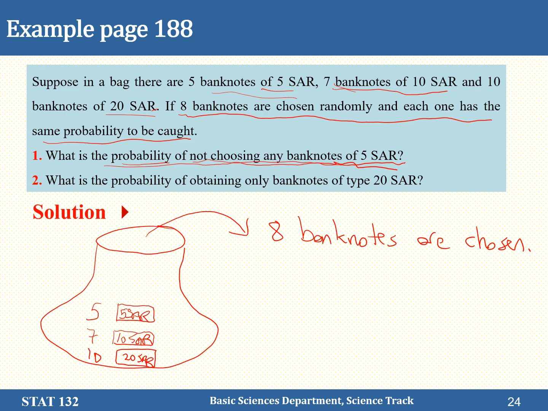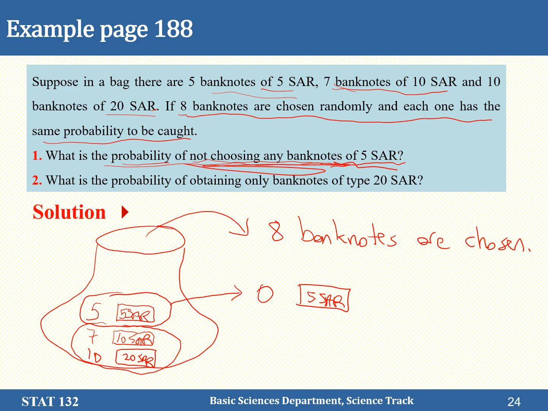So we can think of this question this way. Assume we have 5 reals and not 5 reals, like two types, type 1, type 2. And here we're choosing 0 5-real banknotes. Not choosing means not choosing any 5 real.